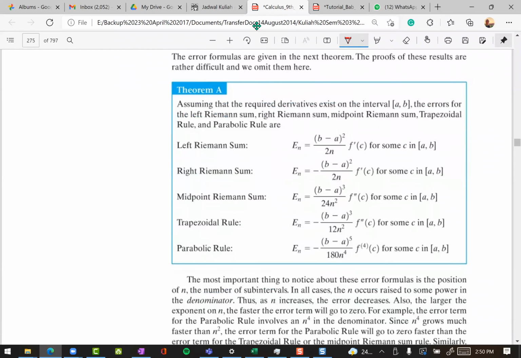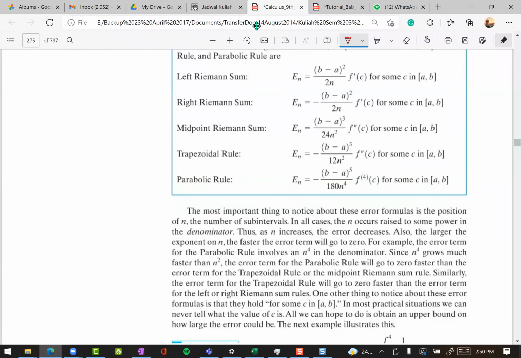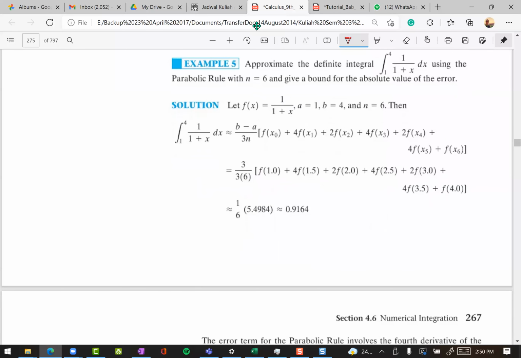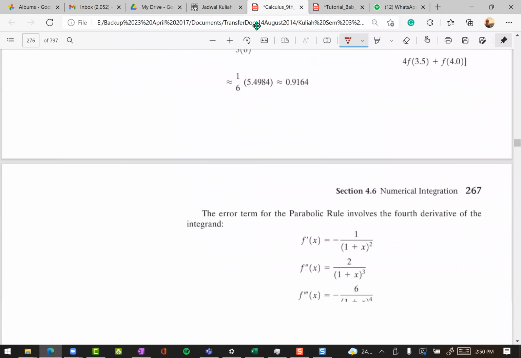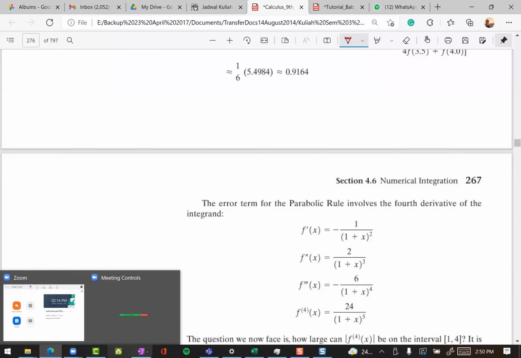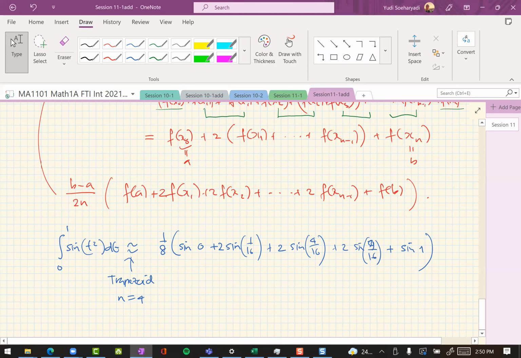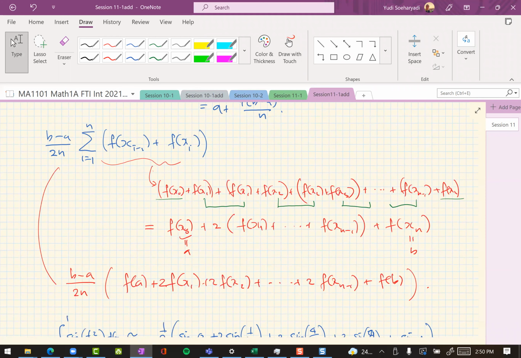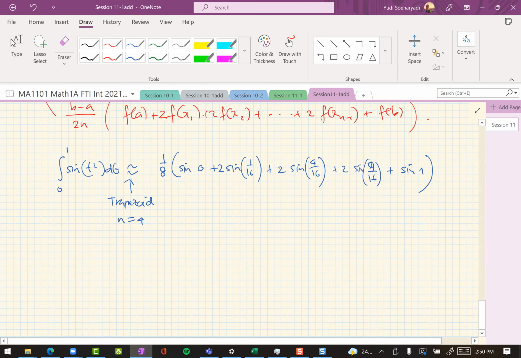All right, so let's do the error computations. For the left Riemann sum and right Riemann sum, this is the error. So let's make a comparison. Let me just copy the error formula.